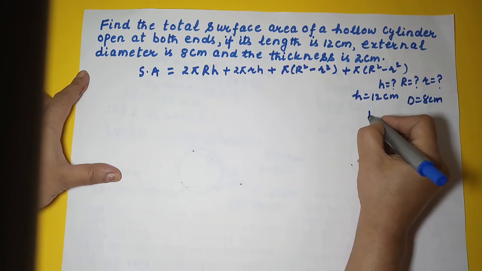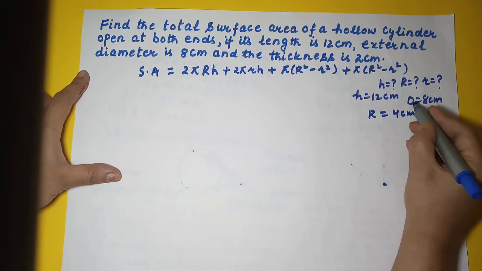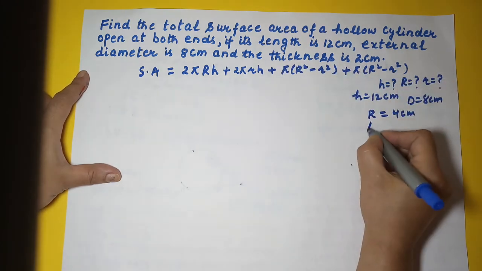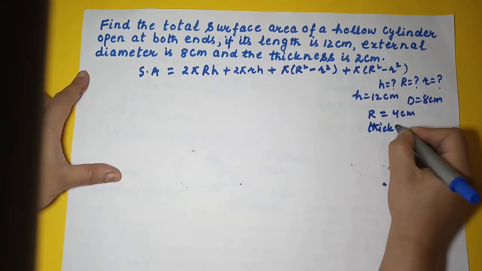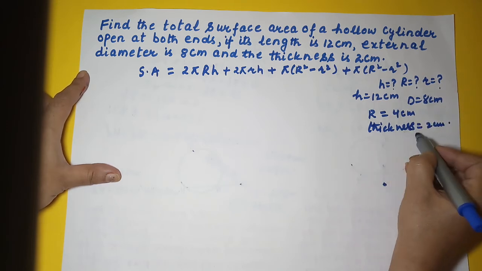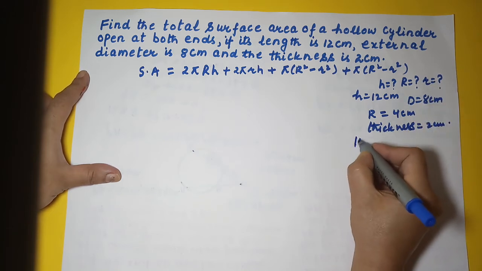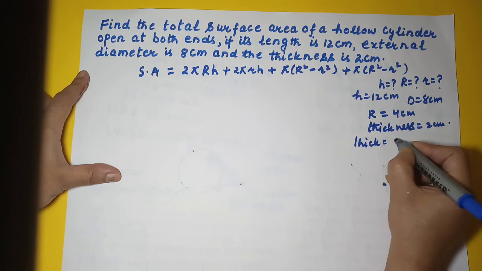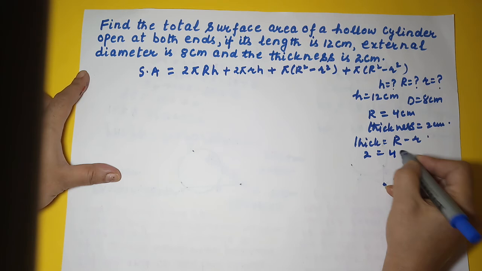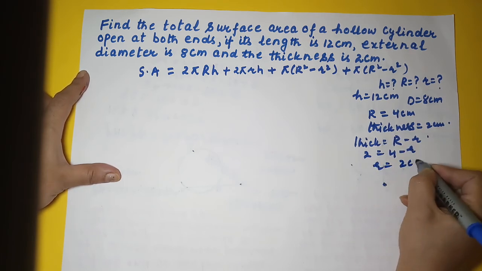From that I can calculate the external radius, that is 4 centimeter, because I know that radius is equal to diameter divided by 2. Thickness is given 2 centimeter. So how will I use this thickness? I can calculate the small r using this thickness. I know that thickness is to be calculated as capital R minus small r. So 2 is equal to 4 minus r. So r is equal to 2 centimeters.